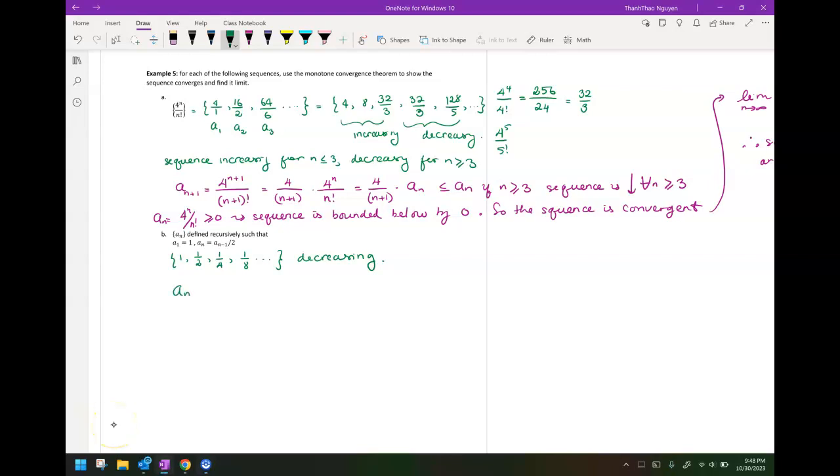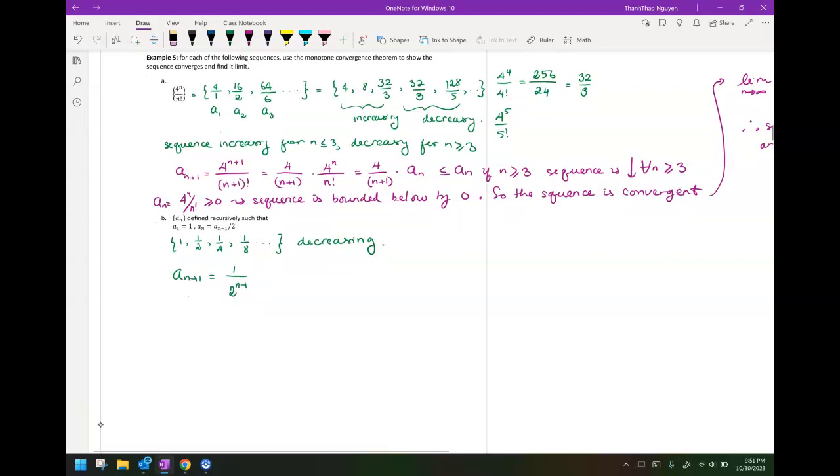Where a sub n plus 1 is equal to 1 divided by 2 to the n minus 1. So here we can see that the sequence is decreasing and bounded below by 0 and above by 1.